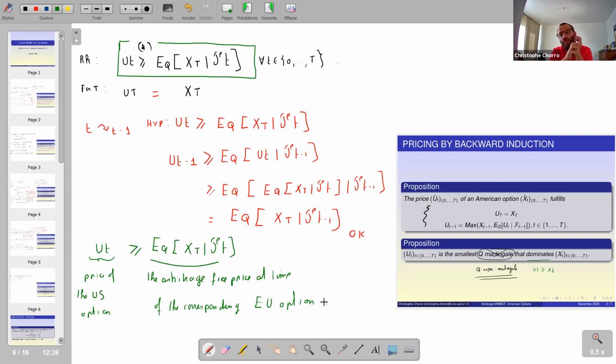Of course, I consider that they both have the same maturity, capital T. So I recover, from a property of conditional expectation, the financial fact that American is greater than European in terms of price, because an American option gives you more possibilities than a European one, so it is a product that is more expensive. So I have made this remark here.